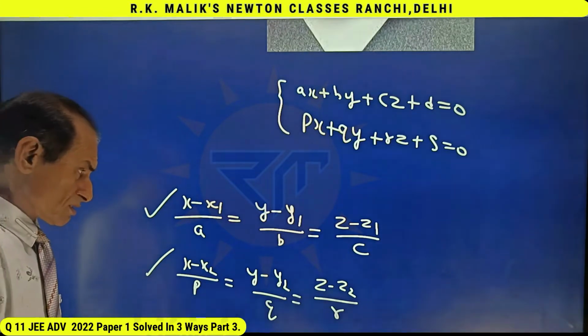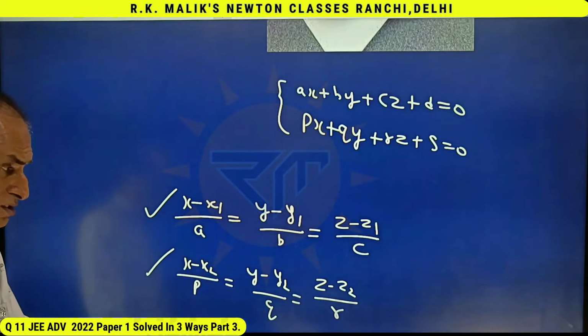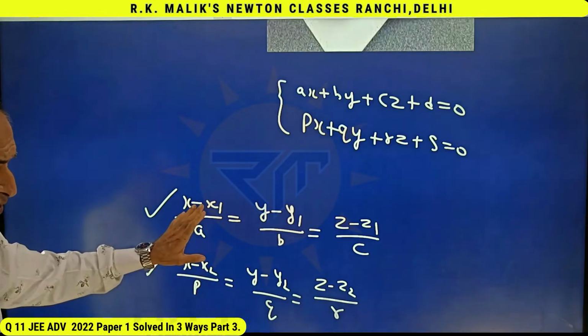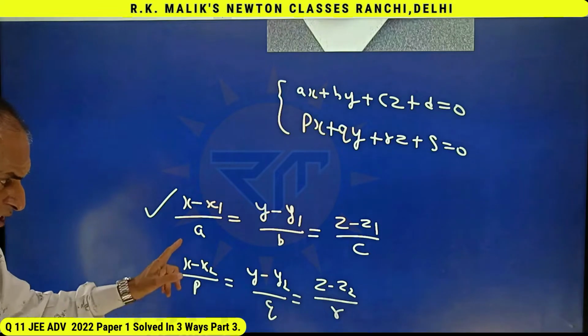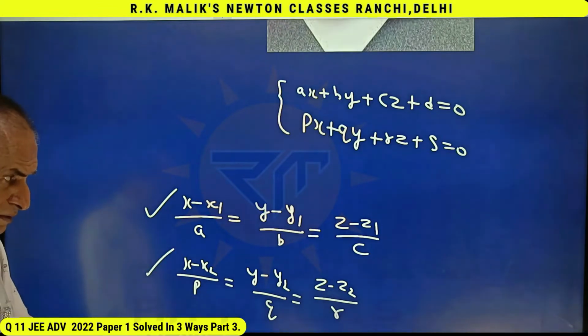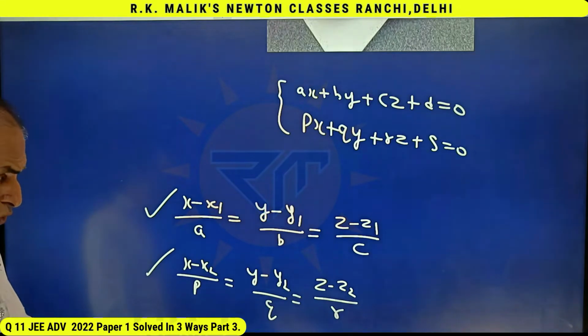If the shortest distance comes to be 0, it means the lines are coplanar. If the shortest distance is non-zero, the lines are non-coplanar. You must know that there is a direct formula for finding the shortest distance between two lines. I'm supposing that the lines are non-parallel. It is very easy to check whether lines are parallel or not.